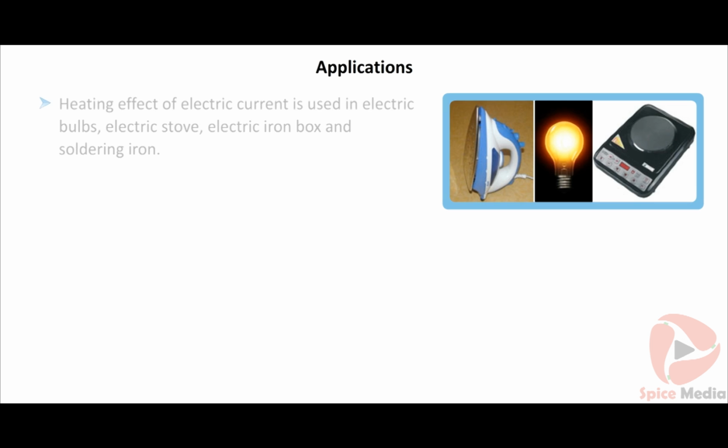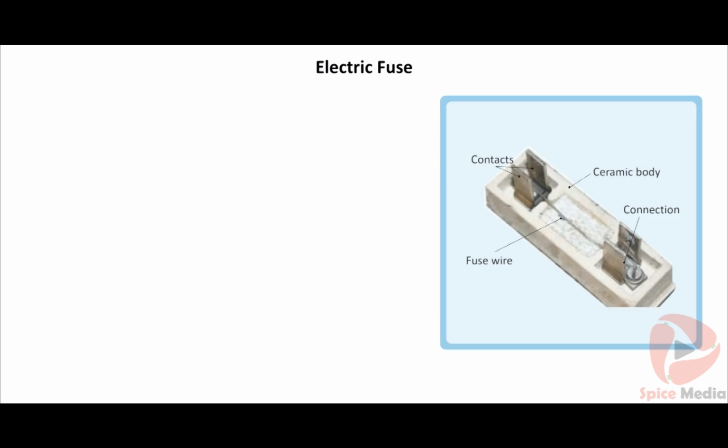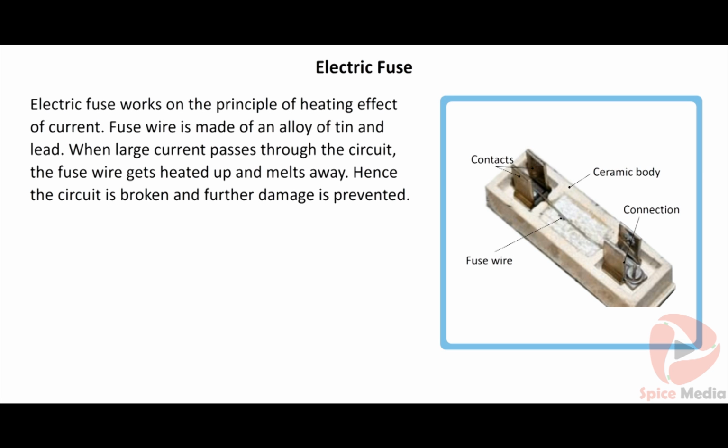Now, we are going to learn its real-life applications. Heating effect of current plays a vital role in our real life, such as electric bulbs, electric stove, electric iron box, and soldering iron.